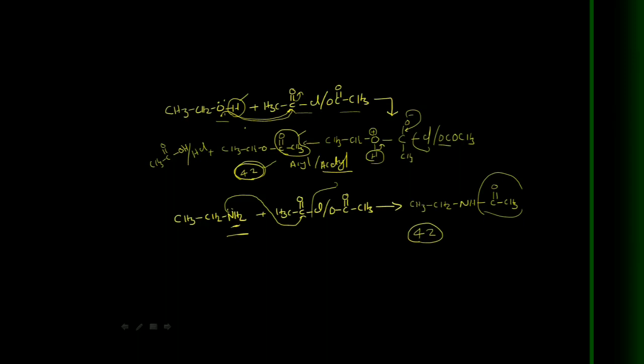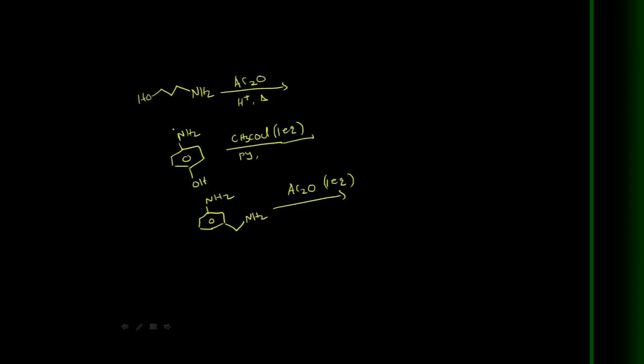Now, if a compound contains both OH and NH2 groups, and I take one equivalent of acetic anhydride or one equivalent of acetyl chloride, acylation takes place either on the nitrogen or on the oxygen. That means OH acylation or NH2 acylation. But NH2 is more nucleophilic, so this one initially attacks the electrophilic carbon.